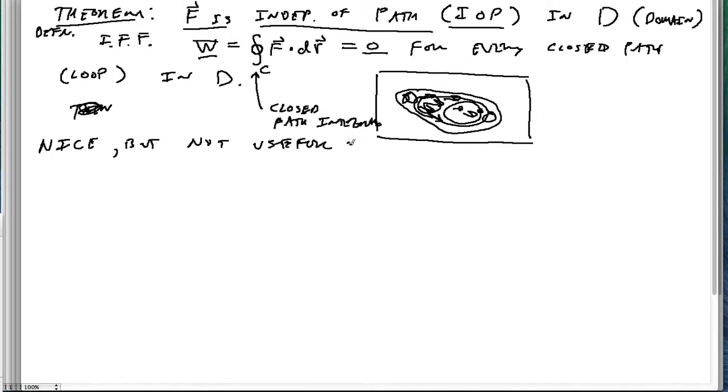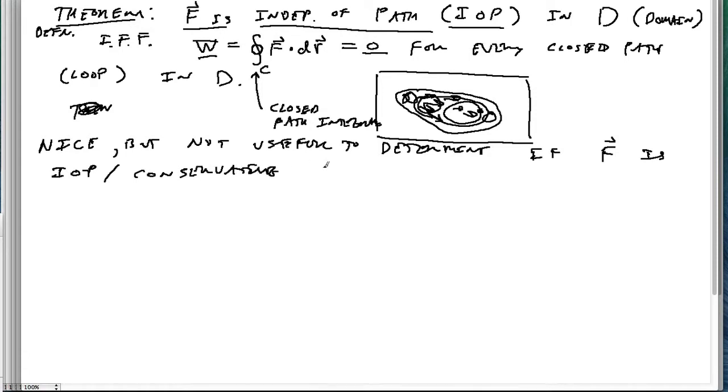It's not useful to determine if F is independent of path, or otherwise what we call conservative, otherwise what we call that there exists a function f such that the gradient of f is equal to F. So how do we fix this issue? Why is this not very useful? Well, there's no real constructive way to check every closed path in our domain.